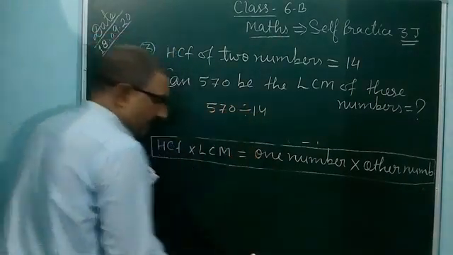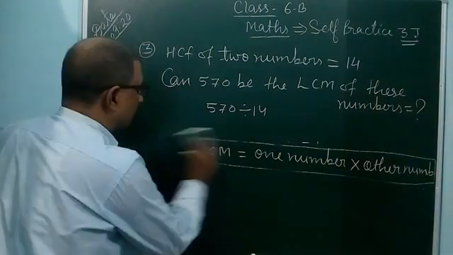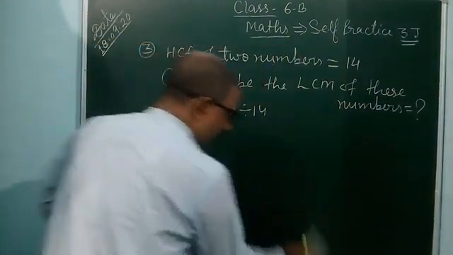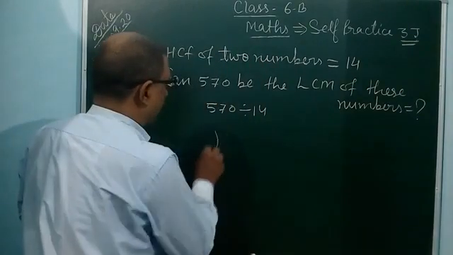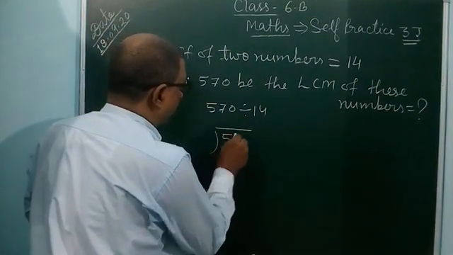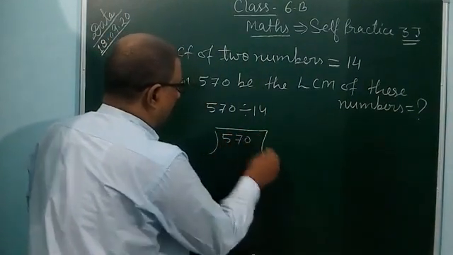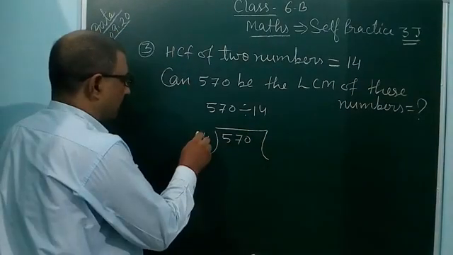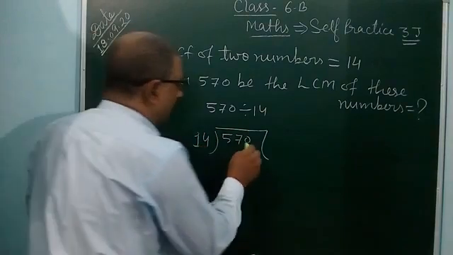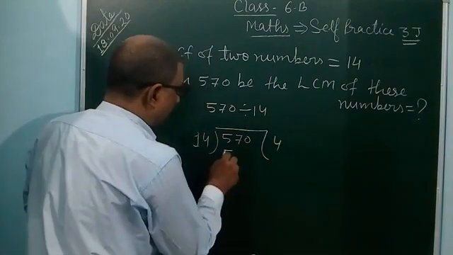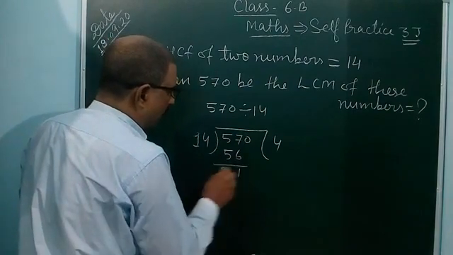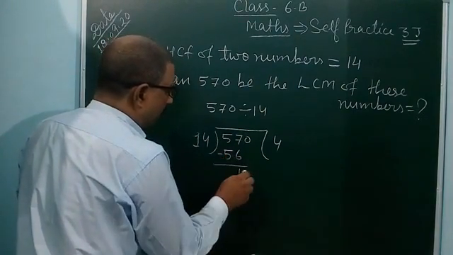You divide 570 by 14. 14 fours are 56. 57 minus 56 is 1, and here 0.